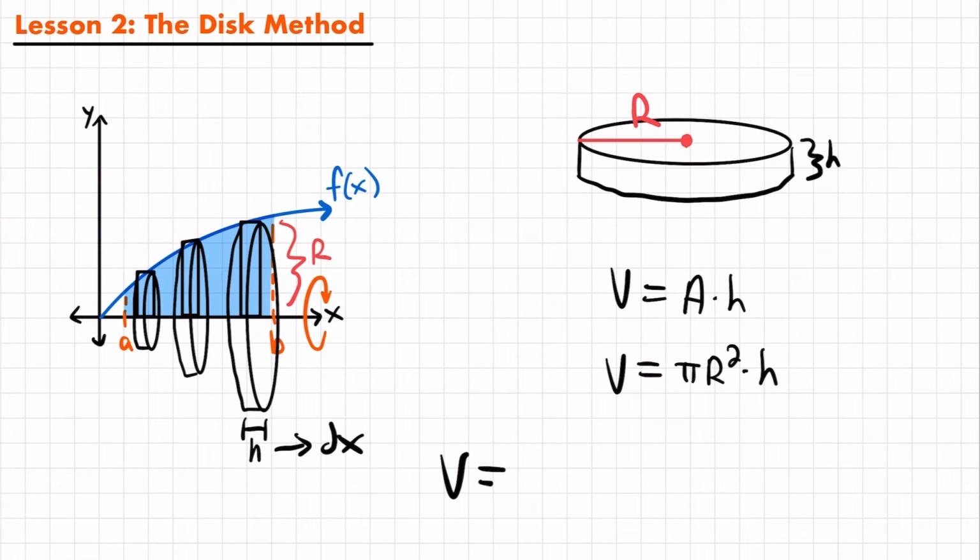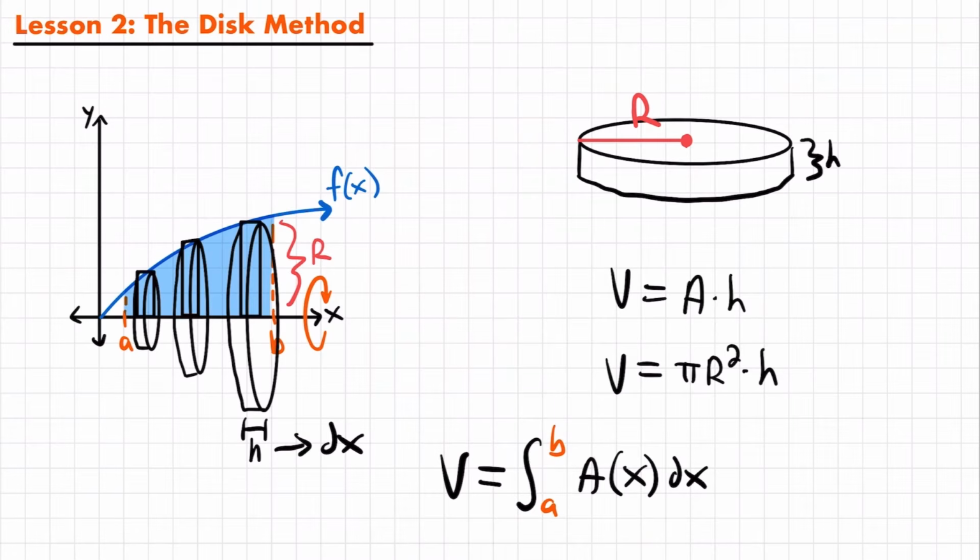So the volume is equal to the definite integral from a to b of the cross-sectional area in terms of x times the height dx. This is just the volume of a single disk, but we're adding up an infinite number of them with this definite integral from a to b.